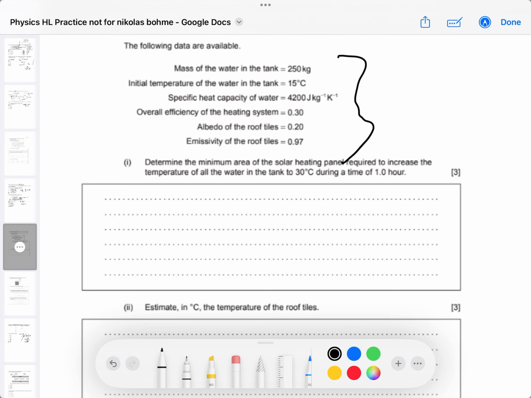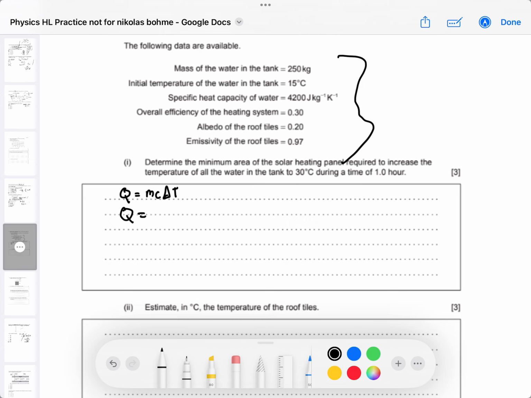So, firstly, from our formula booklets under B.1, we know that thermal energy needed to heat, Q, is equal to mcΔT, where m is mass, c is specific heat capacity, and ΔT is change in temperature. So first we have to find Q, the energy required to change everything from 15 degrees Celsius to 30 degrees Celsius.